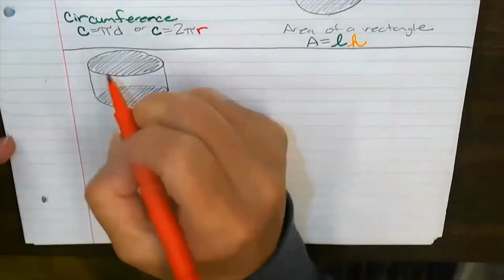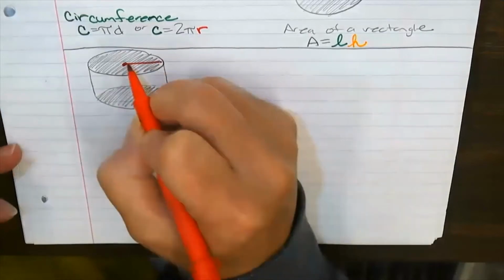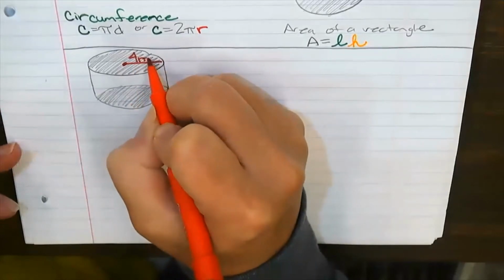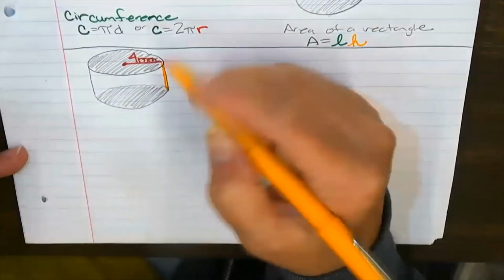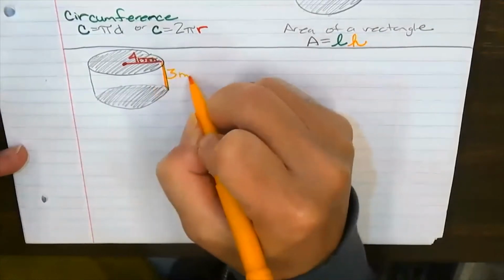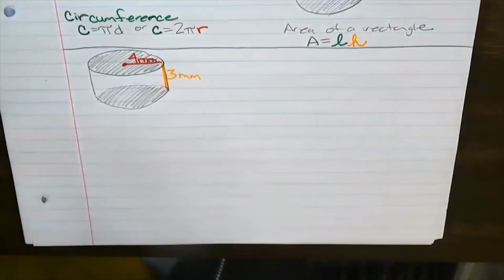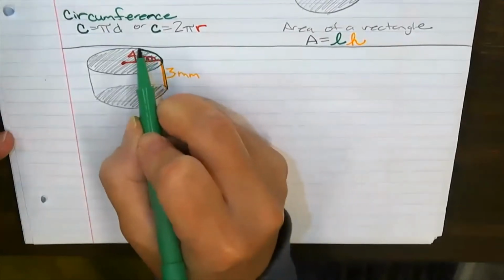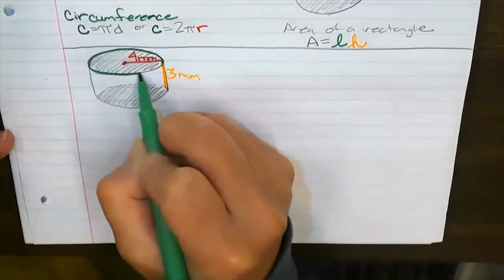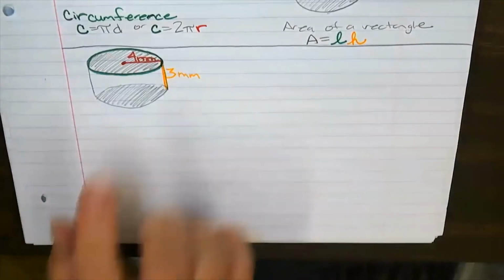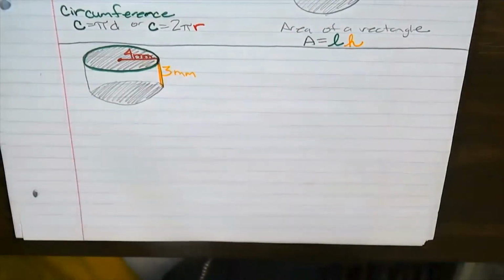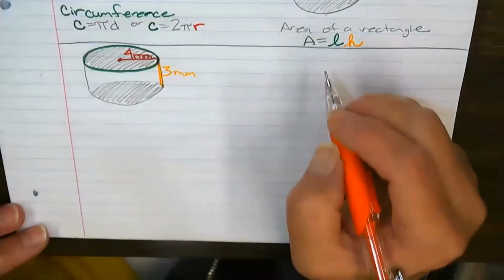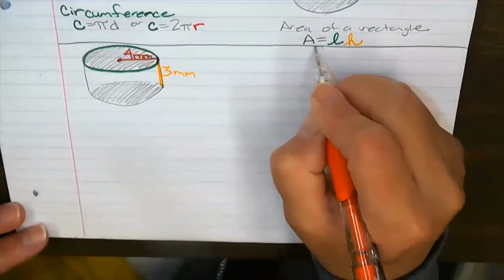They're telling us that the radius is 4 millimeters and the height is 3 millimeters. And I know I'm going to have to find the circumference. So let's take this cylinder and let's unfold it.